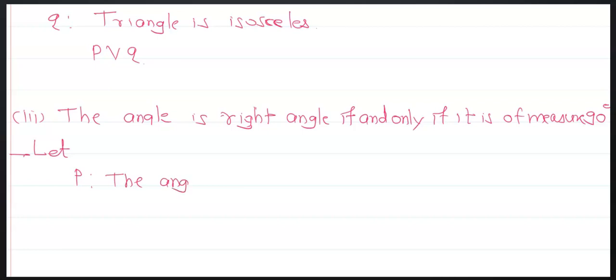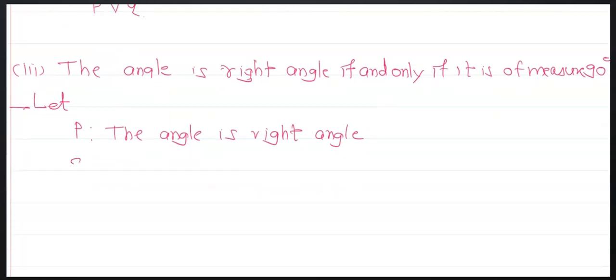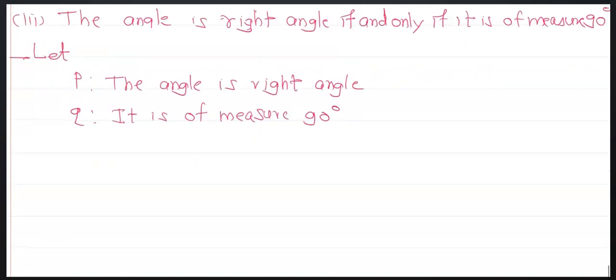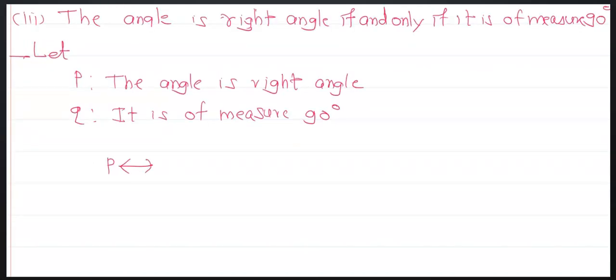P: the angle is a right angle. Q: it is of the measure 90 degrees. That is P double implication Q.